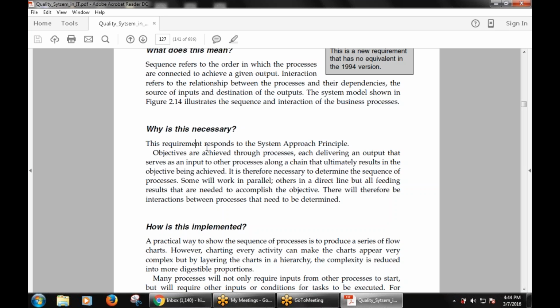Whatever objective we take up is achieved through the processes, and each delivers some output. That output serves as an input to other processes along a chain that ultimately results in the objective.